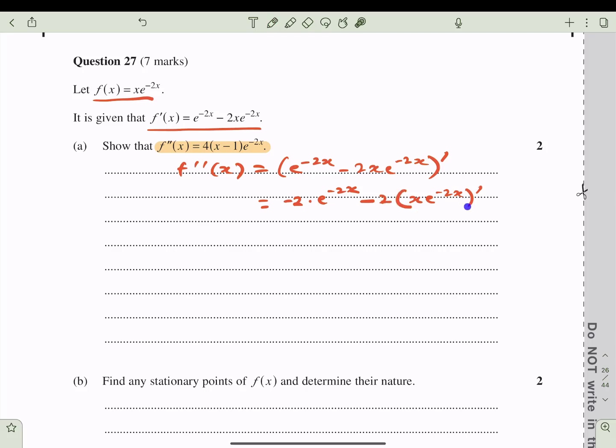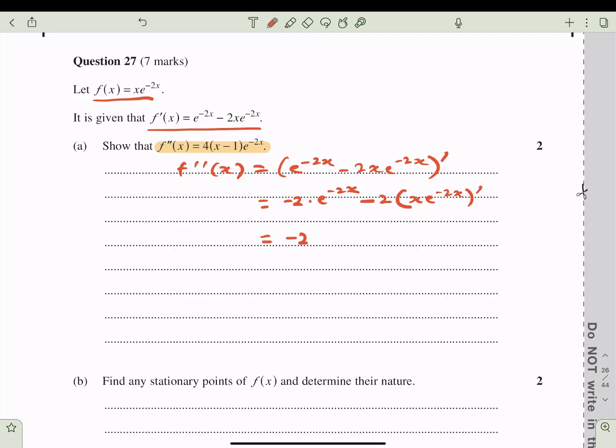We should be able to notice that this derivative is essentially f(x). So we don't need to use any product rule or chain rule to evaluate this because it's actually already given to us. So we already know that this derivative is equal to this guy here.